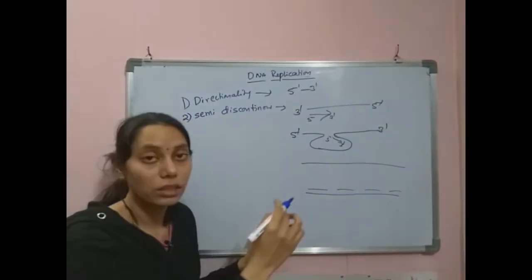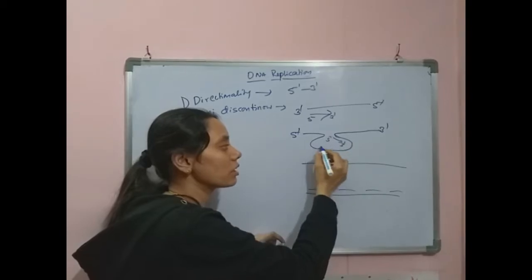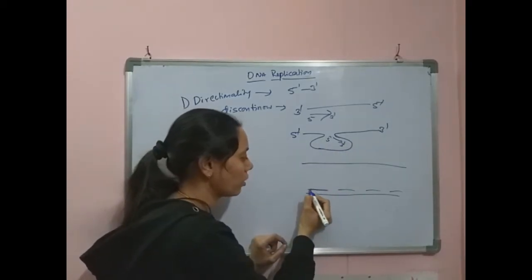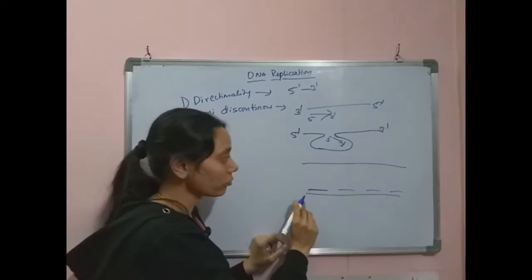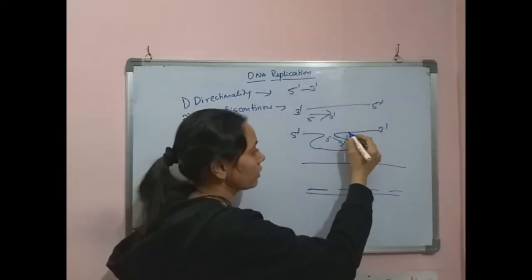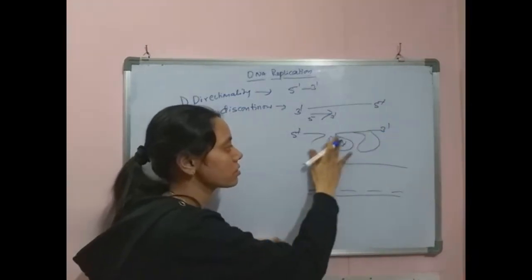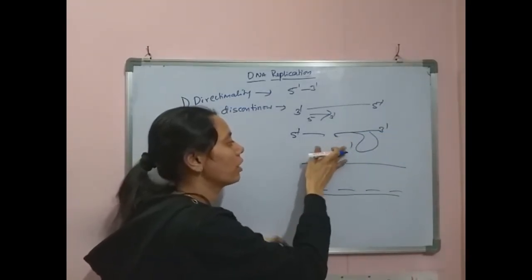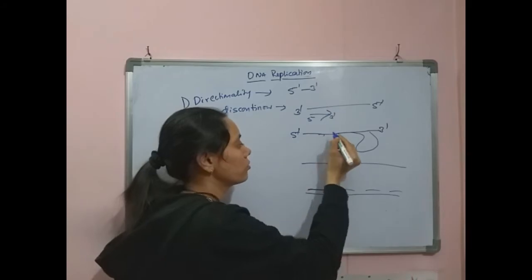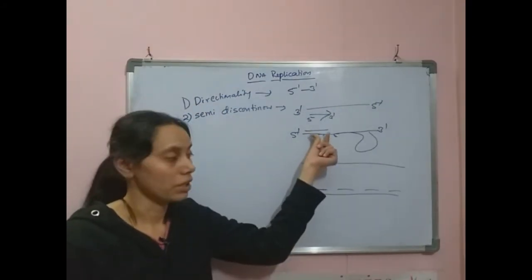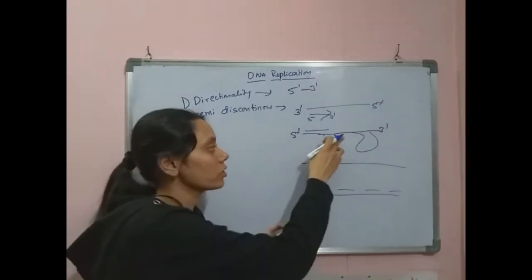Once the DNA is replicated in this small localized loop, it will go back, and again this loop will be dissolved and the newly synthesized small part of DNA will be incorporated into the growing chain.